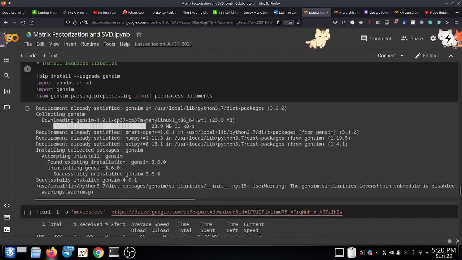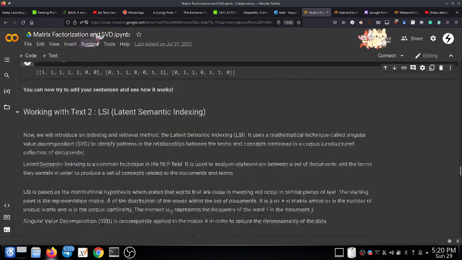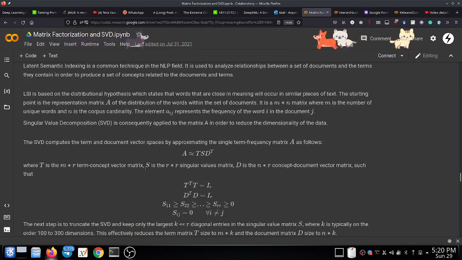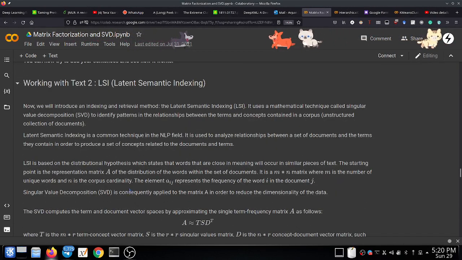Another thing is latent semantic indexing. Here there is a movie recommender thing also, which we will talk about. So latent semantic indexing is basically a use case of SVD, where we will use SVD to decompose a matrix which represents the frequency of each word in the vocabulary in each sentence.